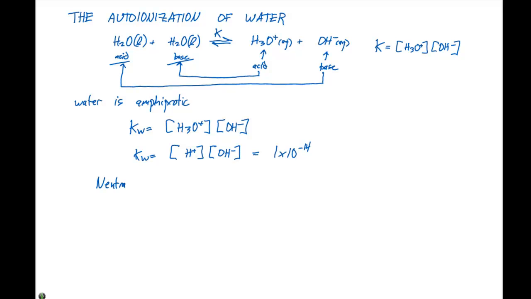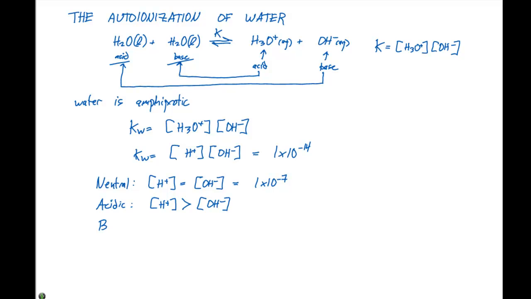If we have a neutral solution, our concentration of H+ is going to equal our concentration of OH-, and both of those are going to be 1 times 10 to the minus 7. If we have an acidic solution, our concentration of H+ is going to be greater than our concentration of OH-.